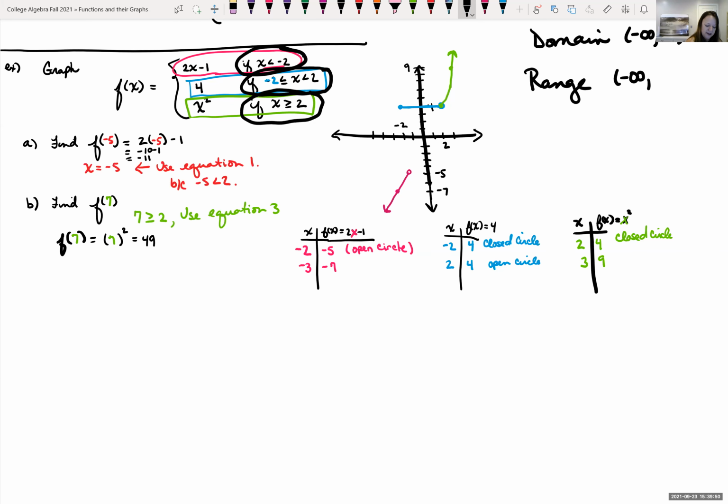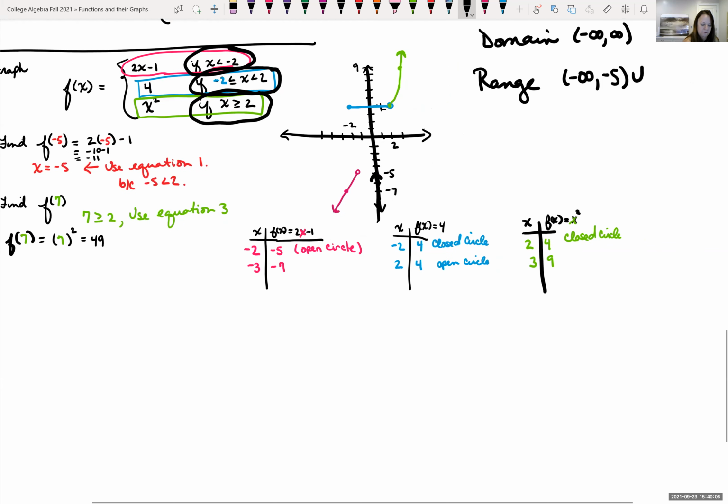I hit all the y values until I get to -5, not including, so -5 with a parentheses, union. The next y value above that is 4. I'm including 4 because that's a y value, so put a bracket: 4 to infinity.